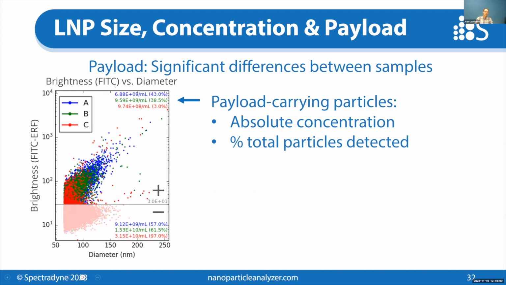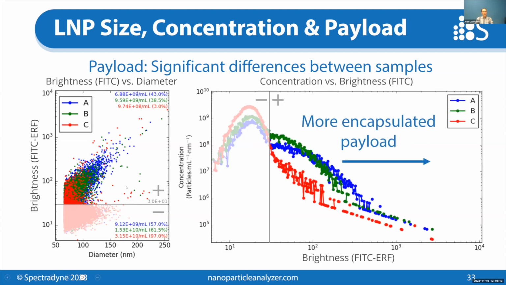We're measuring the absolute concentration of these. And so these are really the payload carrying particles that are going to be the active ingredient in these formulations. This is exactly what you're trying to measure, right? We can look at this in different ways. So now let's be quantitative about how bright the particles are. So this is showing a distribution of concentration versus the brightness of each particle. And now we can start really comparing the encapsulation efficiency.